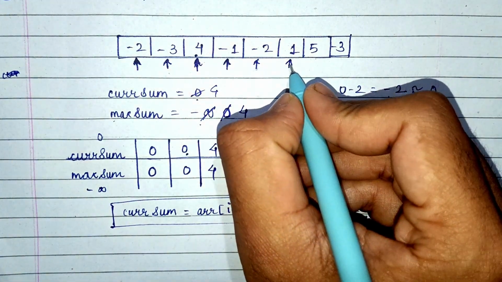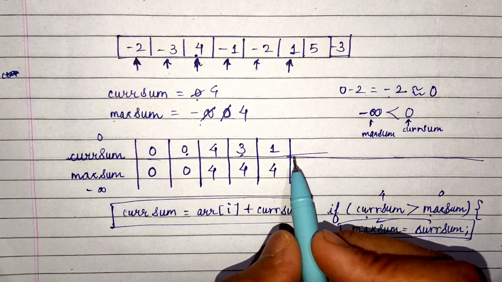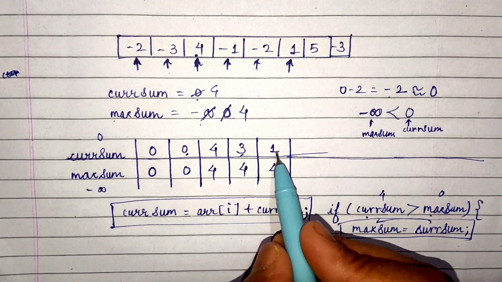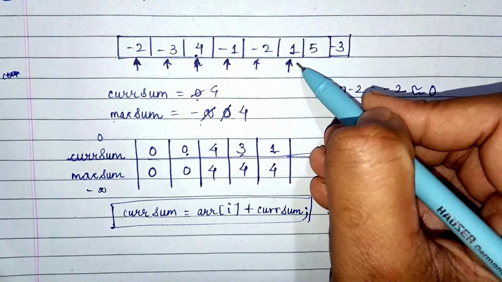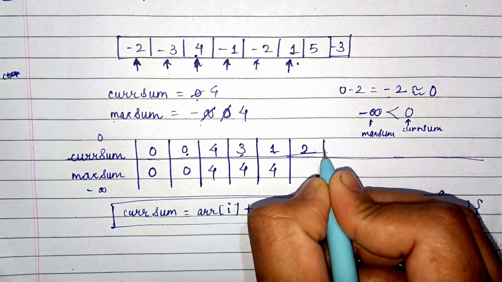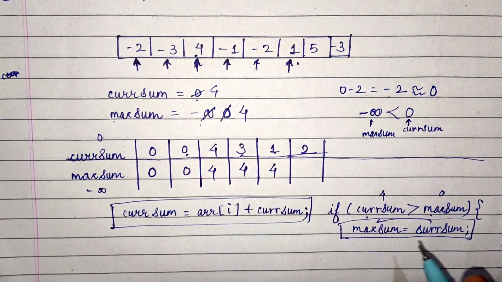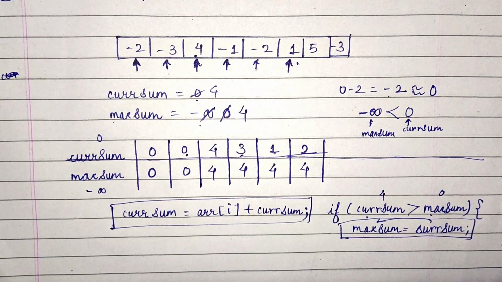Then the next element: the current sum is 1 and array of I is 1, so 1 plus 1 is 2, and the maximum sum will remain as it is.